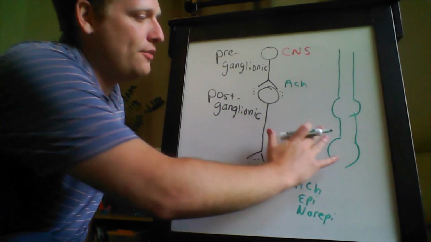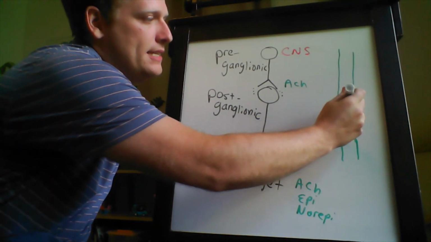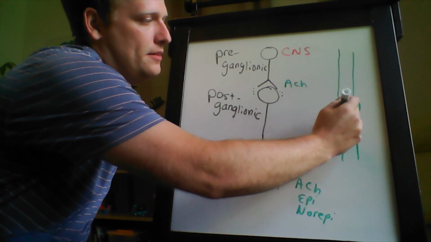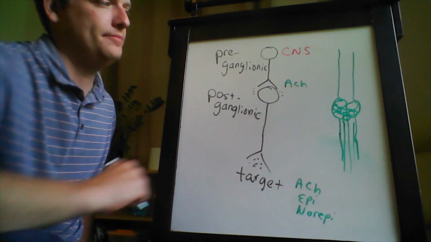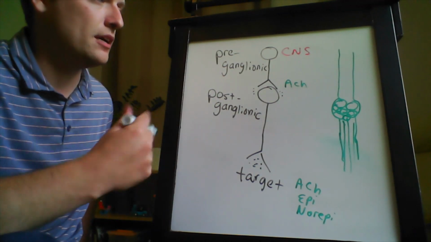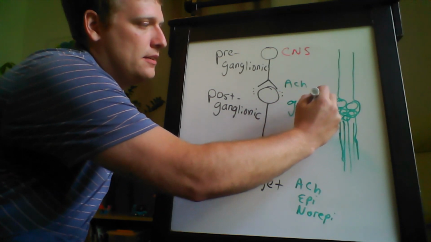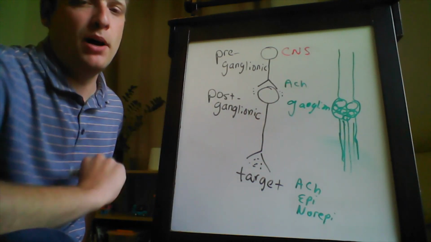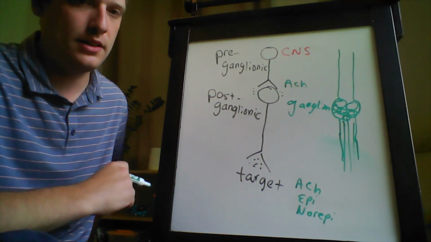And the reason for that is that cell bodies take up more space than the axons. So these cell bodies, the fat part of the neuron, take up more space. And so this ganglion is just a bunch of cell bodies for these peripheral nervous system neurons.